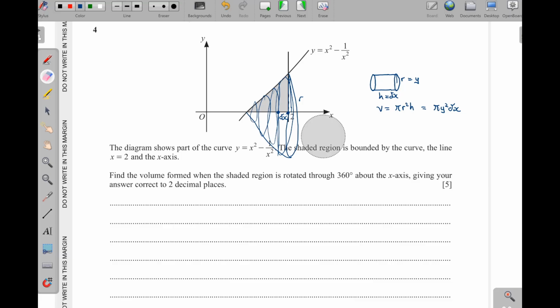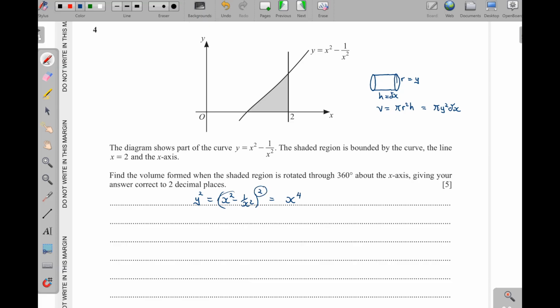Okay, so this simply implies that we are going to have the volume. First of all, we need to get the y squared. So y is equal to x squared minus 1 over x squared. If it is squared, then you square this one here, it will be x to the power of 4.